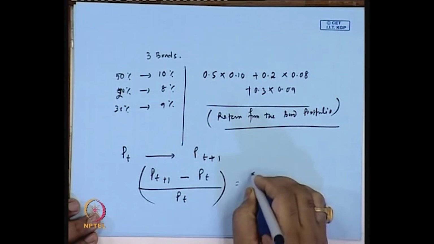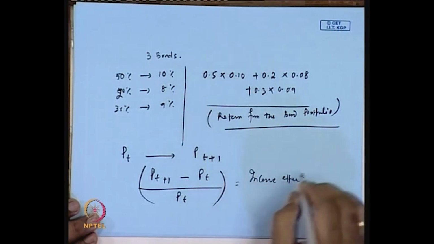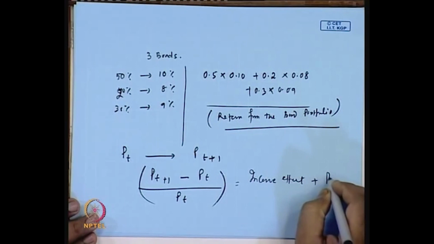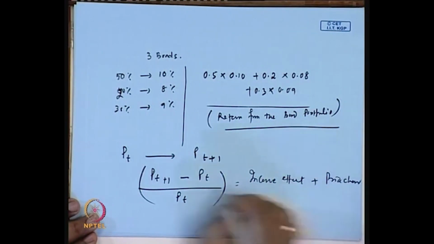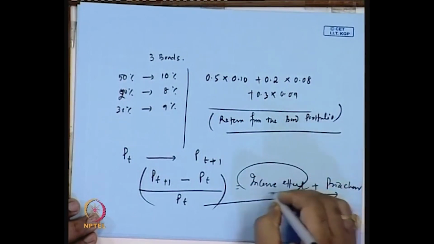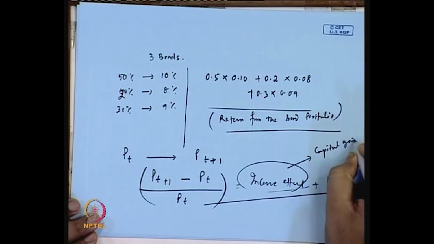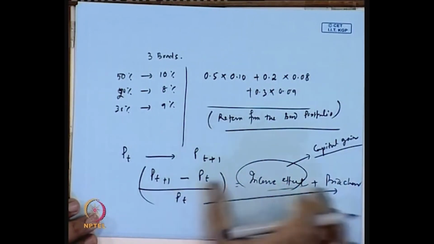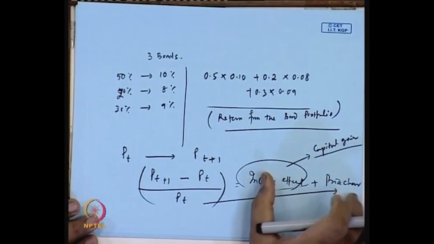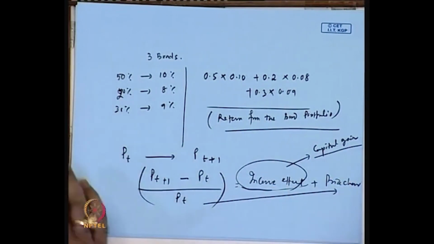One is your income effect plus the price change. This comes because of the price change, and this is nothing but the capital gain. So, there are 2 components we always observe whenever we talk about the return from a bond.